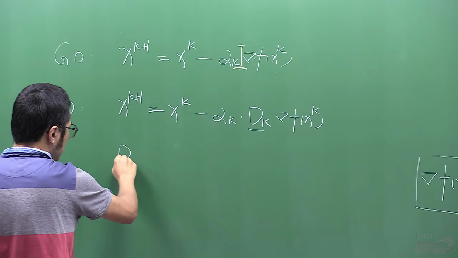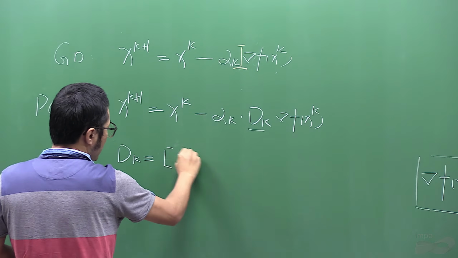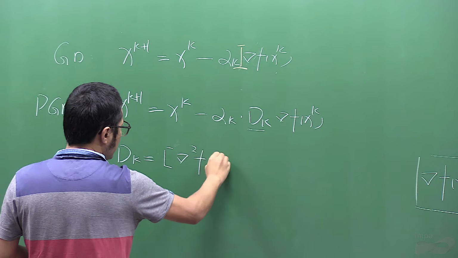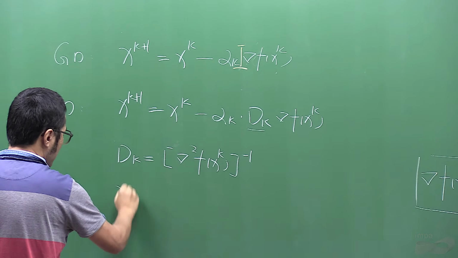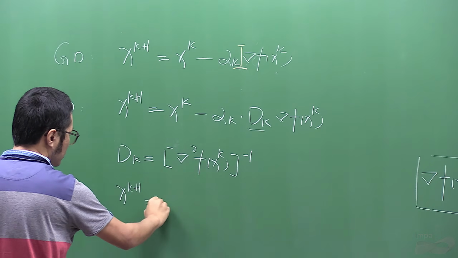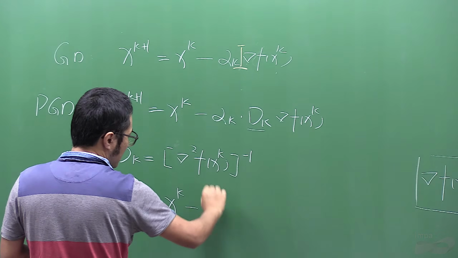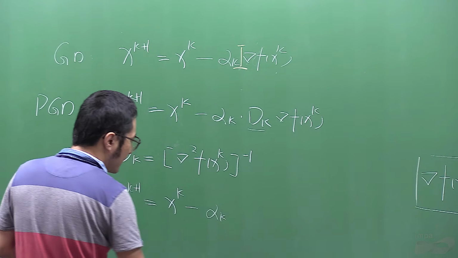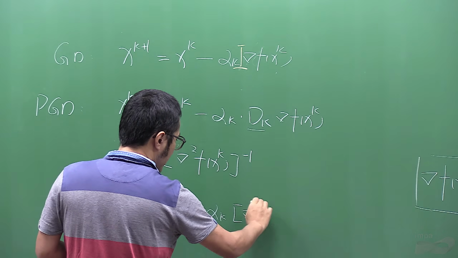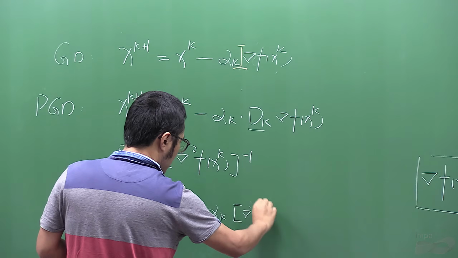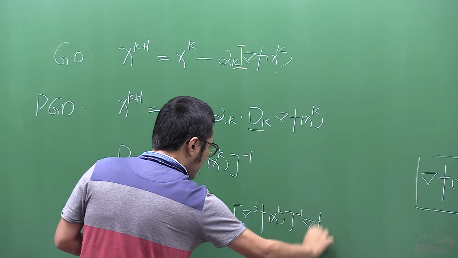Here, if you choose dk equal to the inverse of the Hessian matrix at point xk, then you will get xk plus 1 equals xk minus alpha k times the inverse of the Hessian times the gradient of xk.